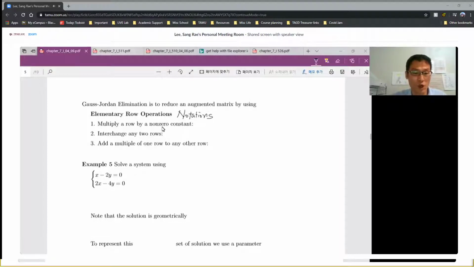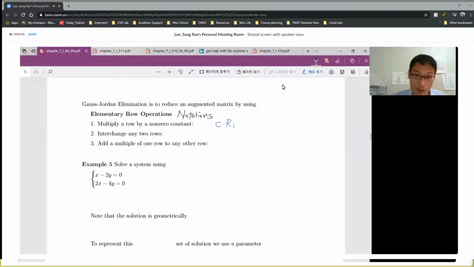So multiply a row by a non-zero number. So the notation is constant or scalar C times Ri. Again, Ri is the ith row.